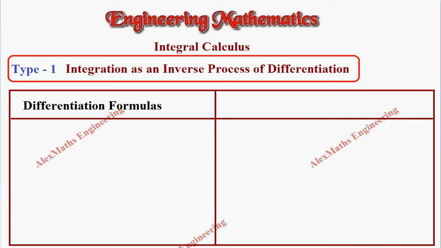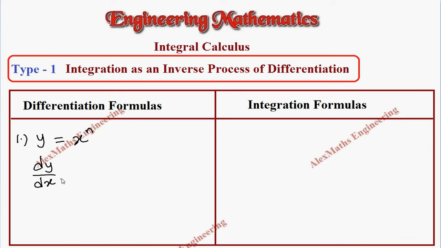The first formula we are going to see is, suppose y equal to x power n, then its differentiation dy by dx is n x power n minus 1, where n is an integer.